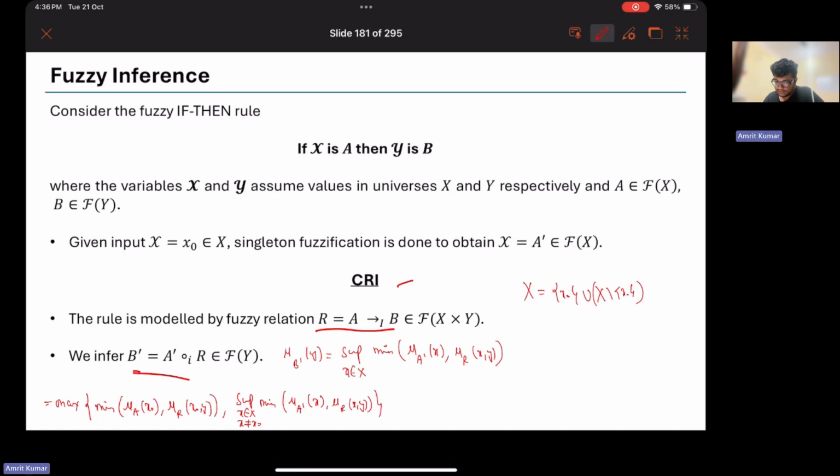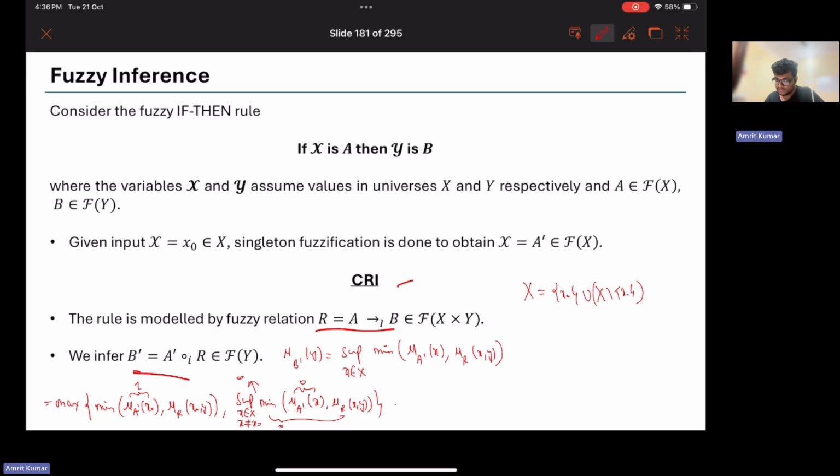Now this is one by definition, right? And this is zero. But the minimum of zero comma some number in the unit interval is again zero. This whole thing is zero. And therefore, when you take the supremum of zeros, you end up getting zero. So the second term would be zero.